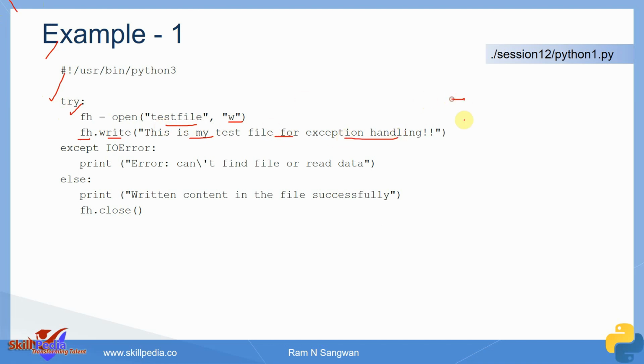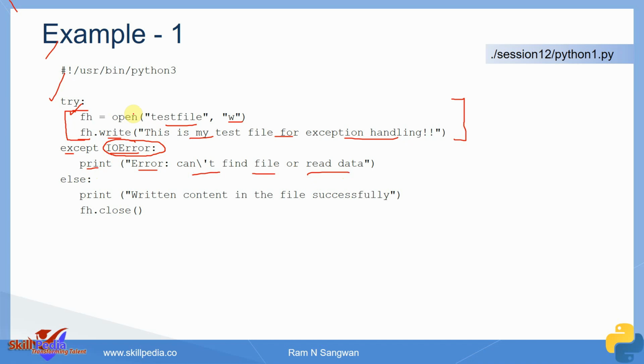Just imagine you are working as Oracle user and you are working in a directory where you don't have write permission. So definitely you will get an input output error. So except IOError: this is an exception you are trying to handle, that if it is input output related error, display this message to the user: error, can't find the file or can't read the data from the file.